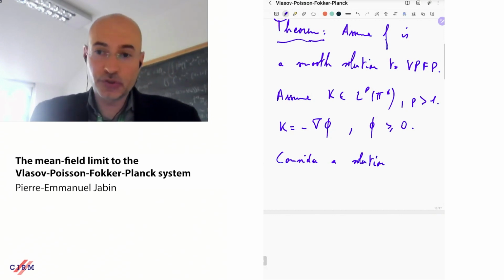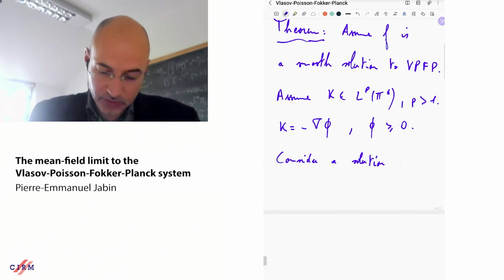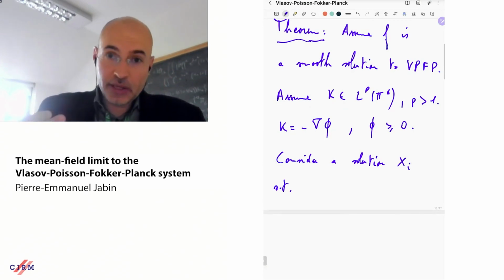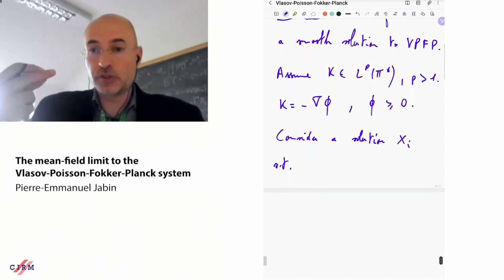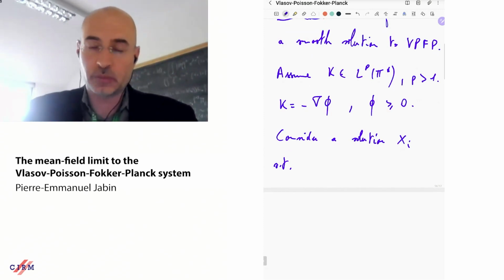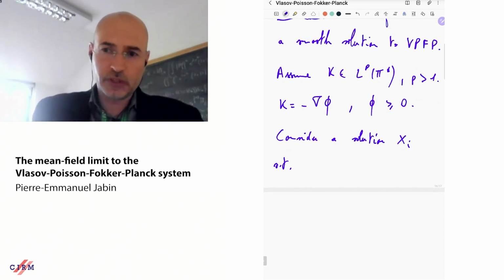And now I'm going to consider a solution, so some xi. And I'm going to need some extra assumptions also on their initial condition. And I'm going to write this in a slightly more general manner. Before, I had just assumed that they were IID.